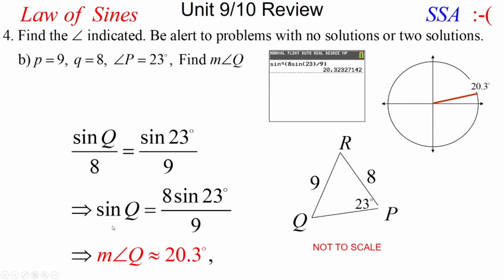And now I'm thinking sine, right? So isn't sine also positive in quadrant 2? So let's reflect this ray in the y-axis to get that ray. And that would be 180 minus the 20.3, which is what? 159.7?